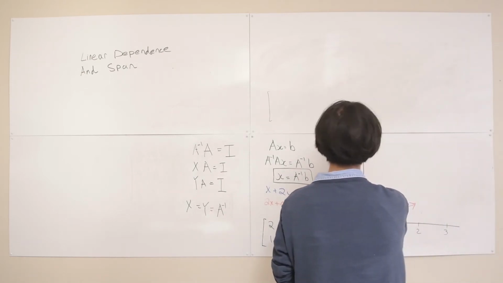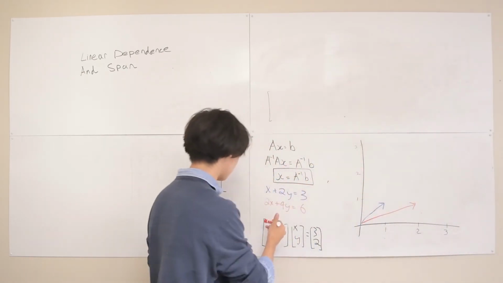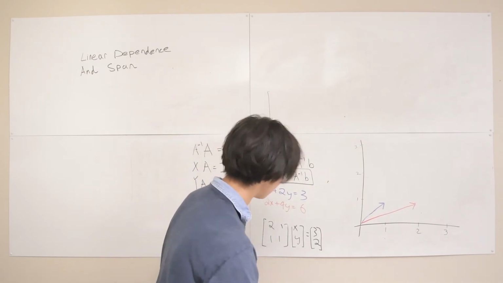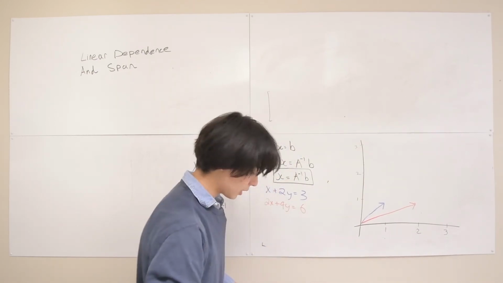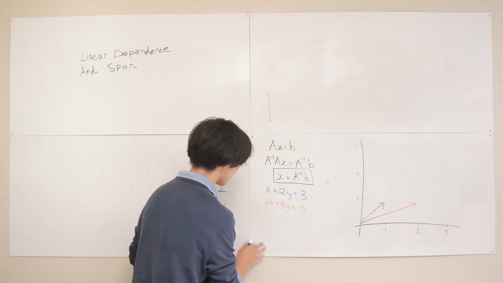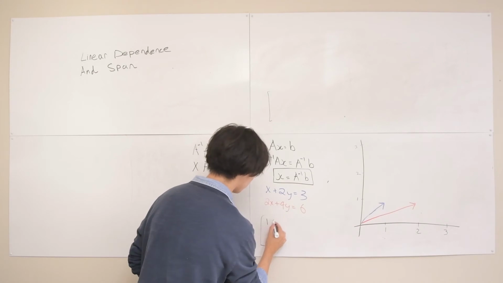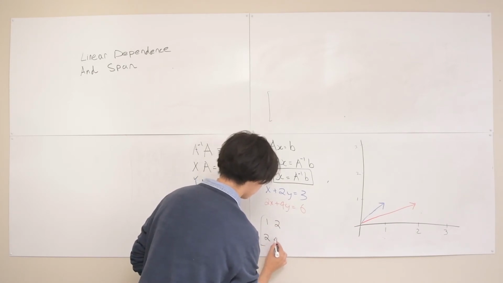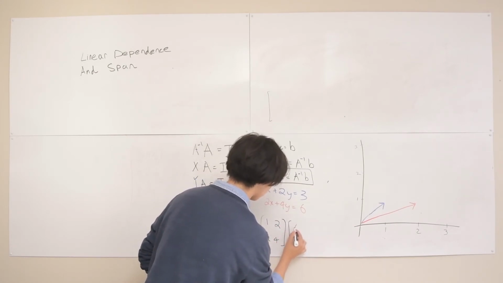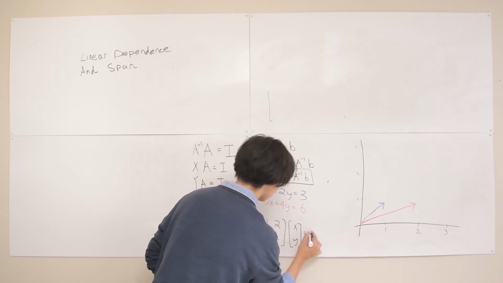Let's plot out the linear combination first, the linear combination represented by this. And let's get rid of this, let's not get confused. So basically our new matrix equation Ax equals b will look like this. We're going to have [1, 2; 2, 4] times x and y equals 3 and 6.